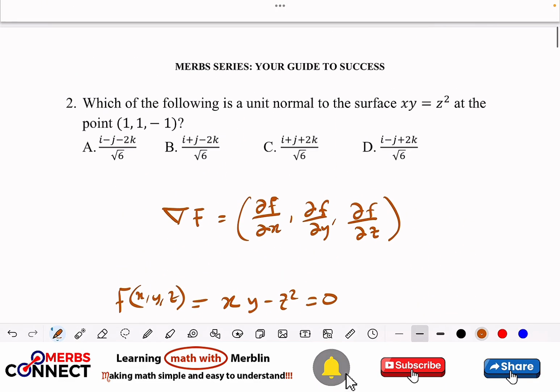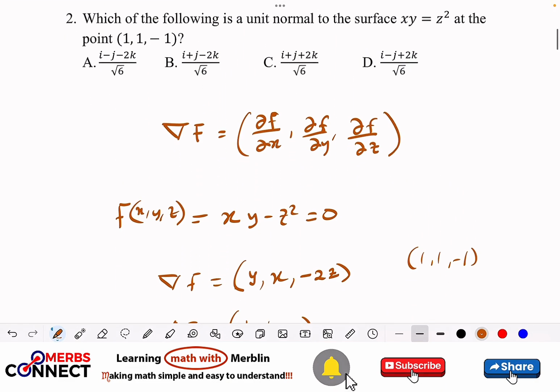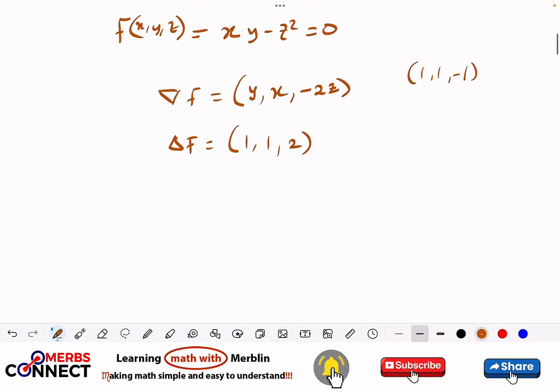Now the question is asking us to find the unit normal, right? So the unit normal that we are finding here is basically equal to the grad of f divided by the magnitude.